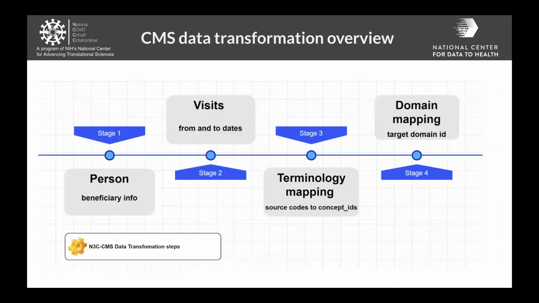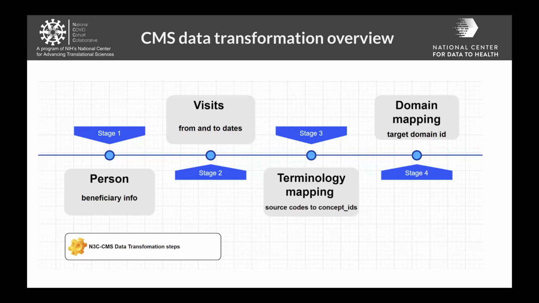So when we harmonize the data, we do them in stages. We take all the persons that exist in the claims data and create a person table. And then we look at all of the visits based on the claims information, and create the visits based on dates and various different care sites that were referenced within the data.